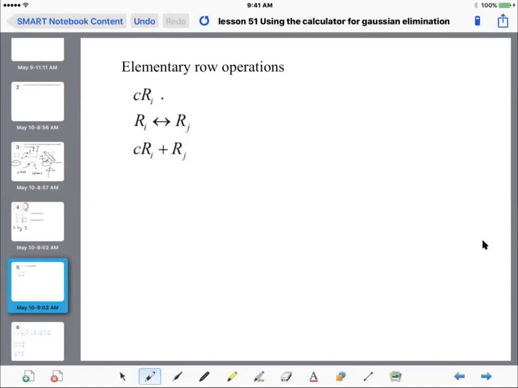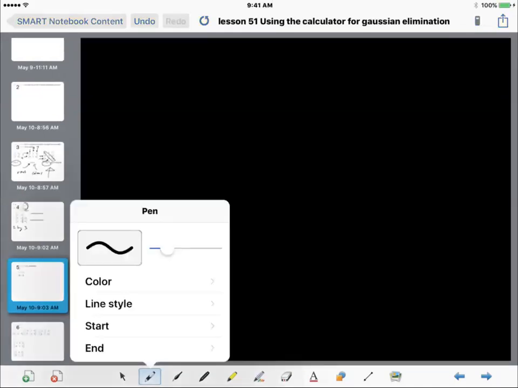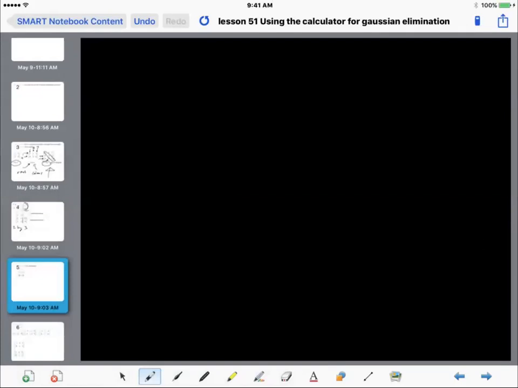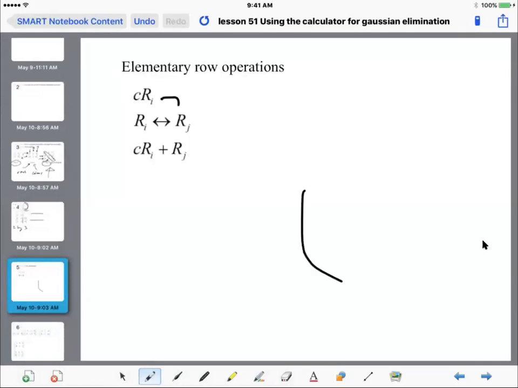In fact, I think I'm going to go like this here. There are 3 elementary row operations that you can do with an augmented matrix. Why don't I go ahead and put an arrow here? So now these are called the 3 elementary row operations.